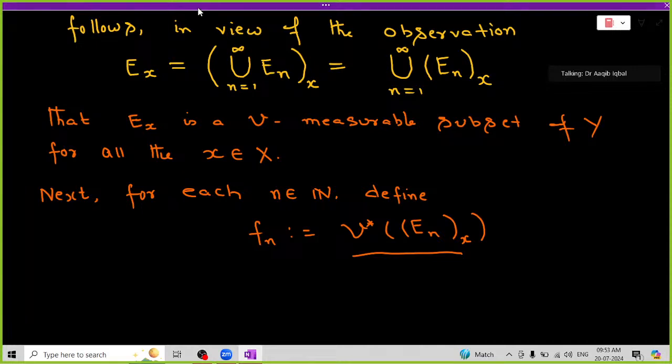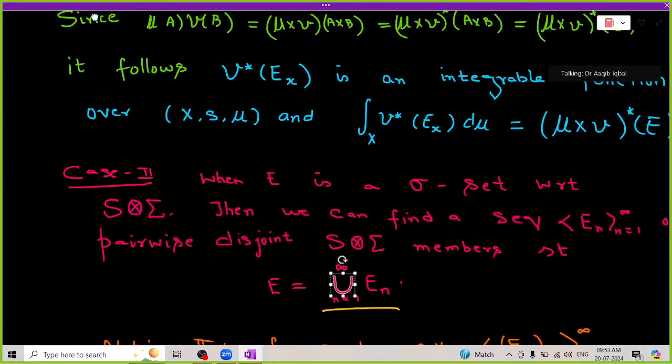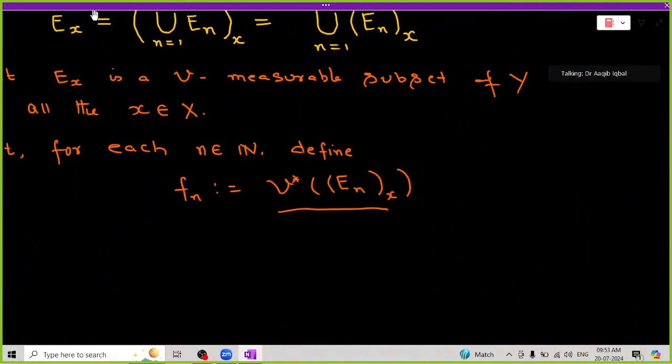Now again by case 1, if you see, in case 1 we have established the result for Semmering members. Now these E sub n's, they are Semmering members. So for E sub n's the result is true.